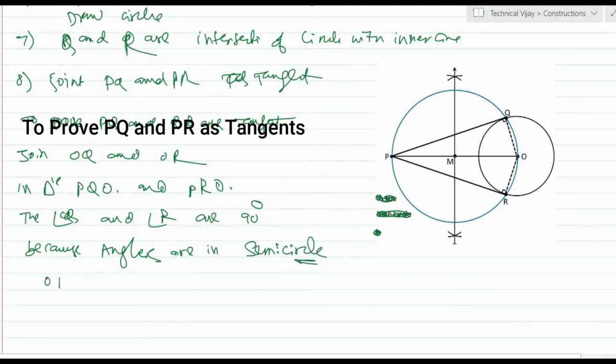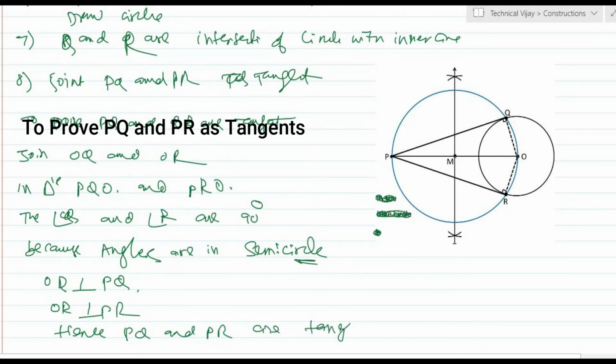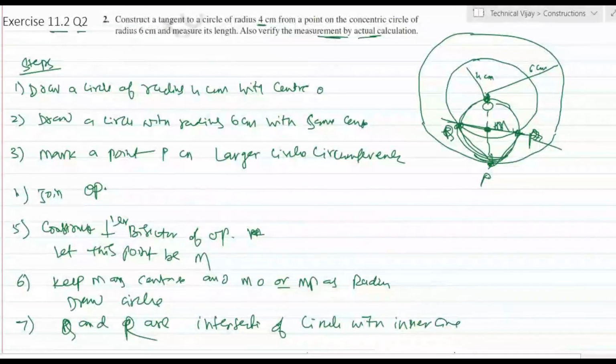So OQ is perpendicular to PQ and also OR is perpendicular to PR, hence PQ and PR are the tangents. Okay, in this way you have to write. So this will give full marks to you.